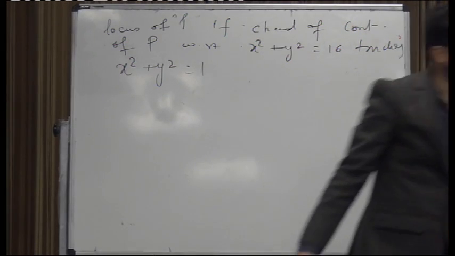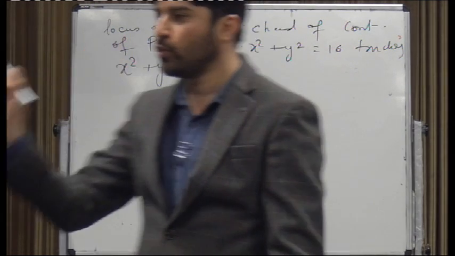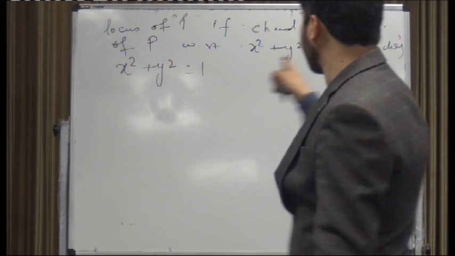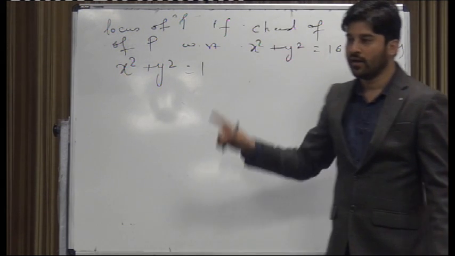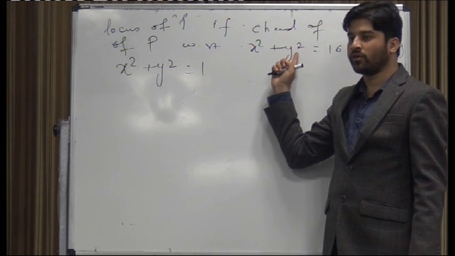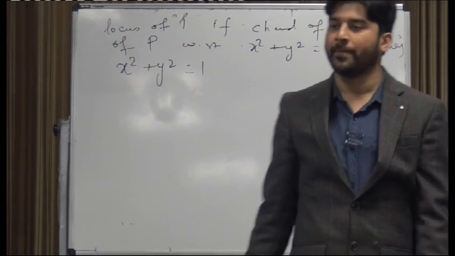Now this is the question. It says you have a point P, which means it is a pole, which is making a polar. That polar is the chord of contact, and that chord of contact is touching this circle. And that chord of contact is of which circle? This circle.